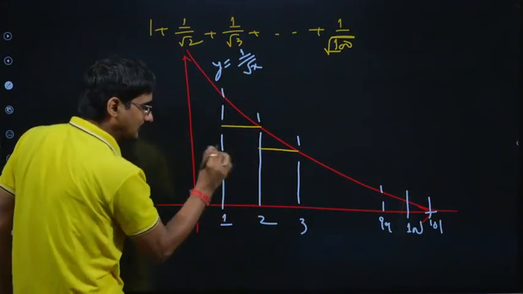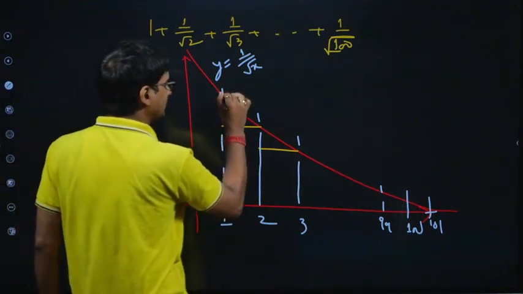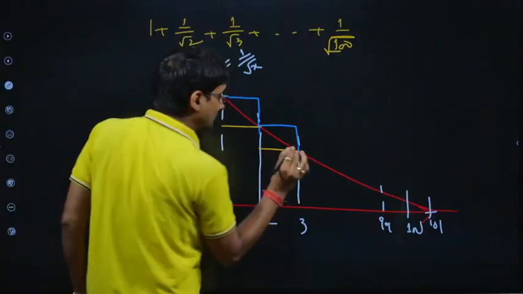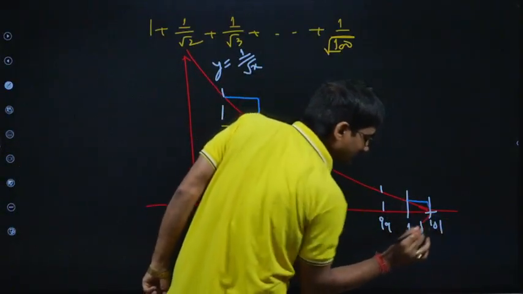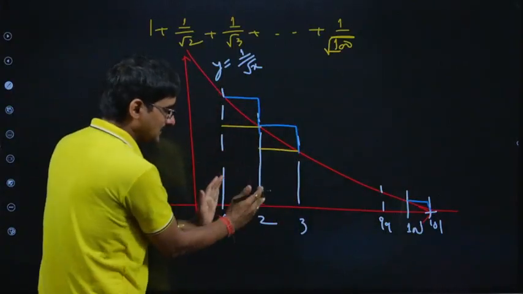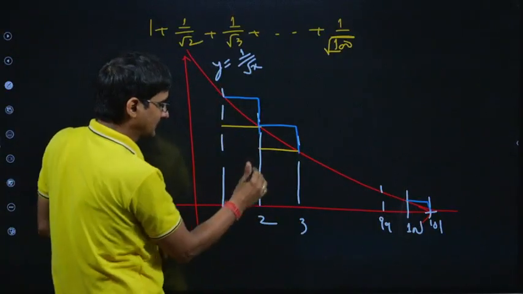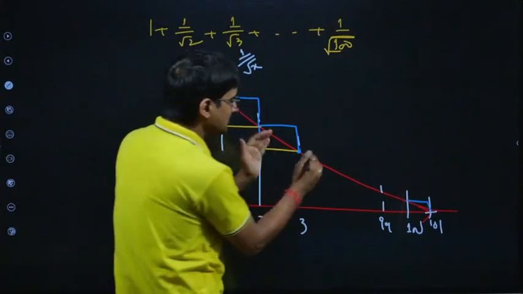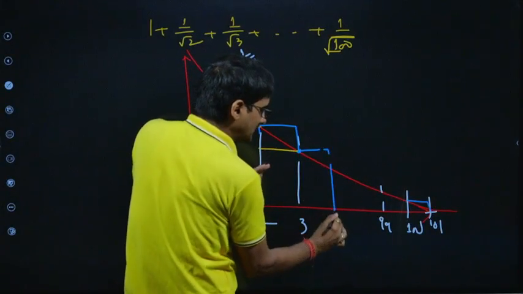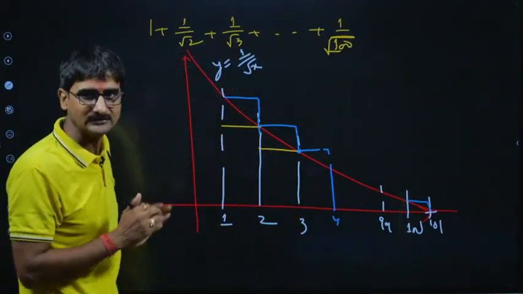So in blue, when you will be completing it from here to here, the area of this rectangle is 1, this rectangle is 1 by root 2 because this point is 3 comma 1 by root 3, so this rectangle will be 1 by root 3 and so on, 1 by root 100, 1 by root x.